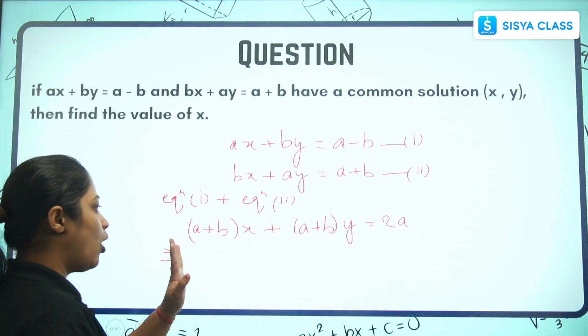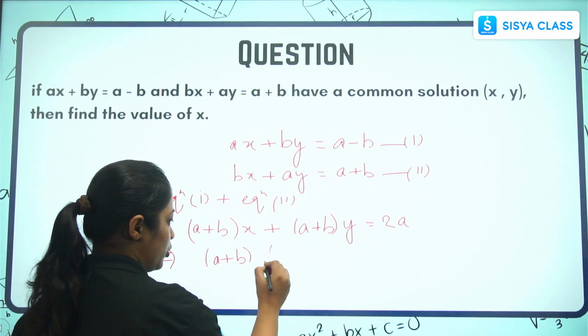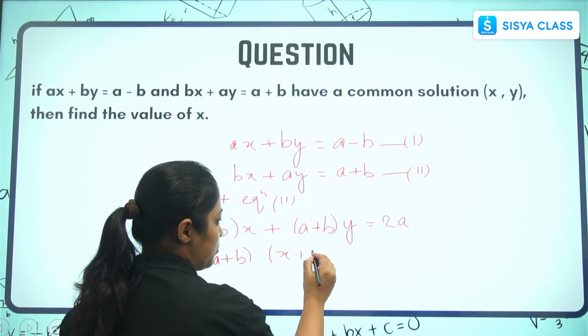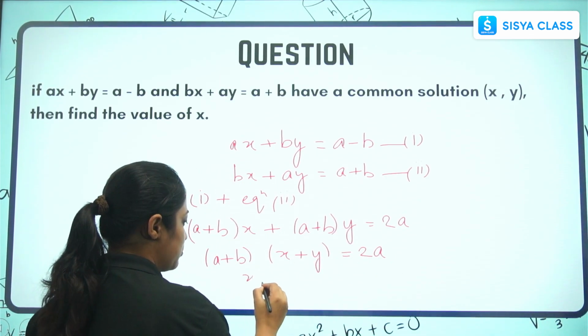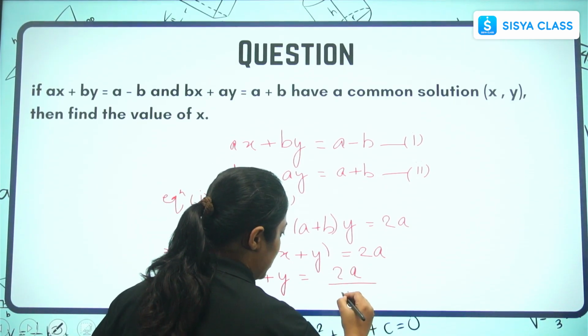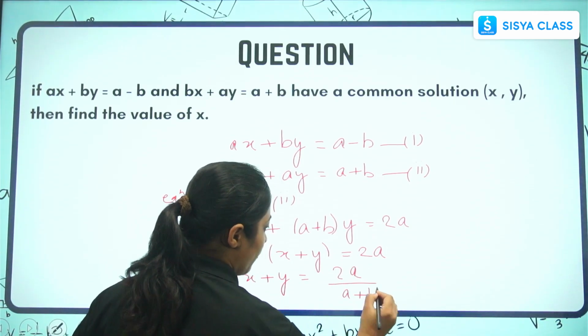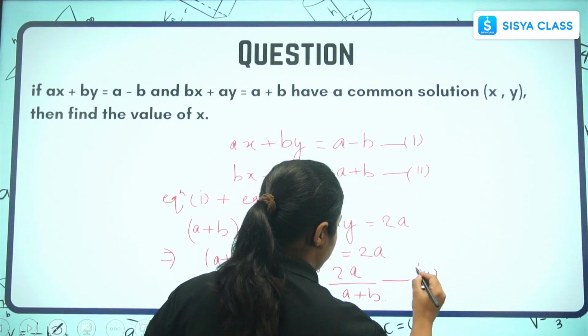So let's take common a plus b from both of these terms. So you will get (a plus b) into (x plus y), it will give you 2a. So you have x plus y as 2a upon a plus b. So let's suppose this is equation number 3.